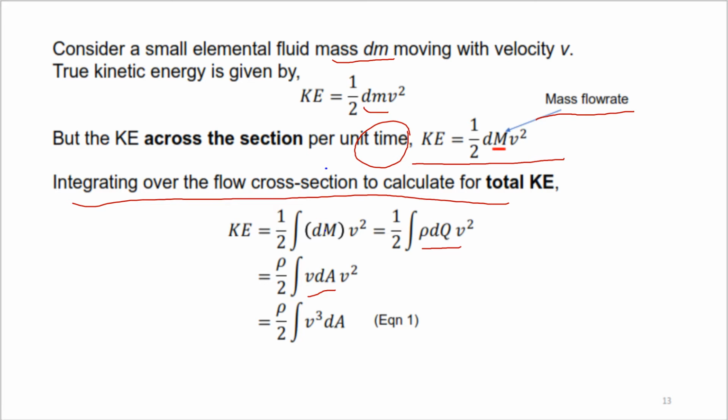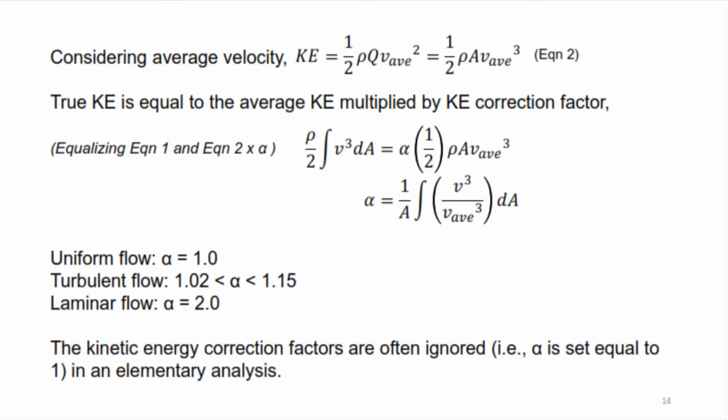So we have equation 1: density divided by 2, integrating velocity cubed times change of area. Okay, then we are considering average velocity. So velocity used is actually velocity average. This is for equation 2.